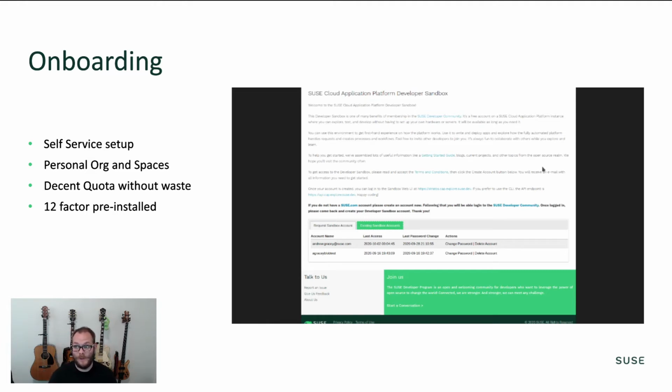So basically, we set up a way that when you clicked a button on our portal, it would create you a personal organization with 4 spaces: dev, test, prod, and a sample space. This way people can play around with what it looks like to actually have multiple spaces.